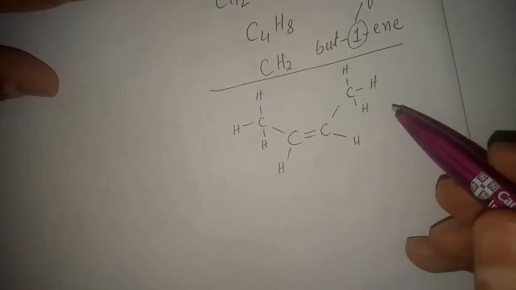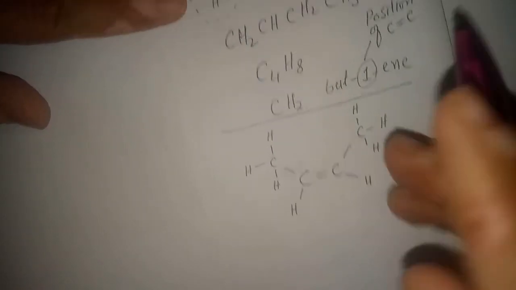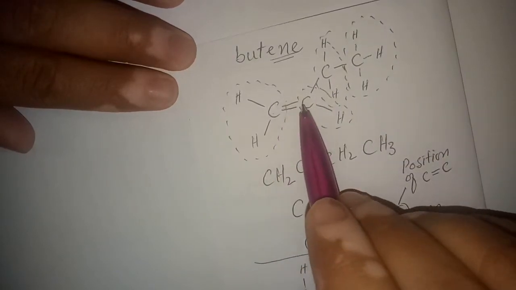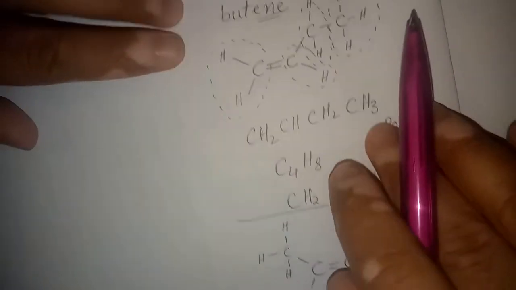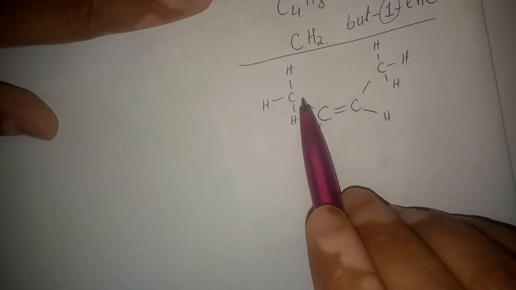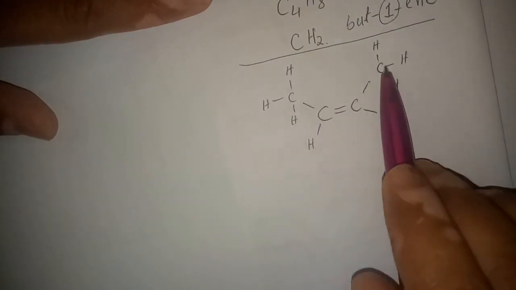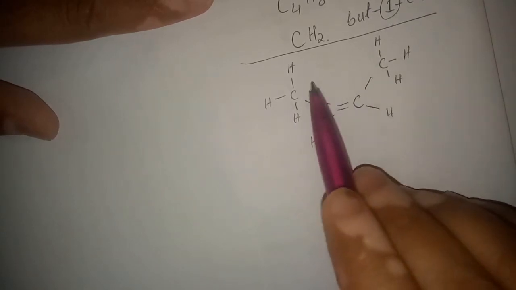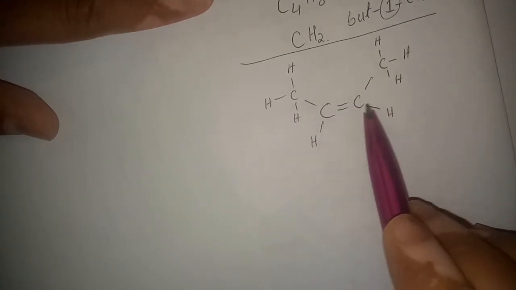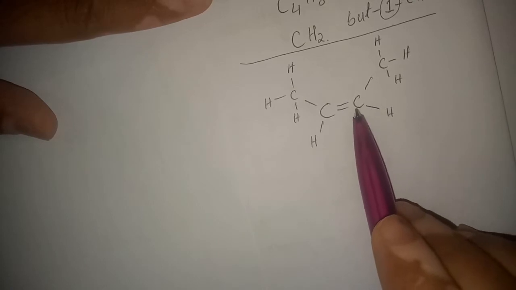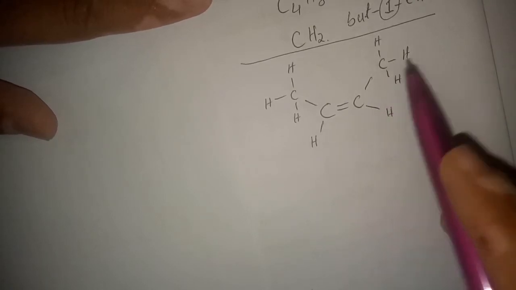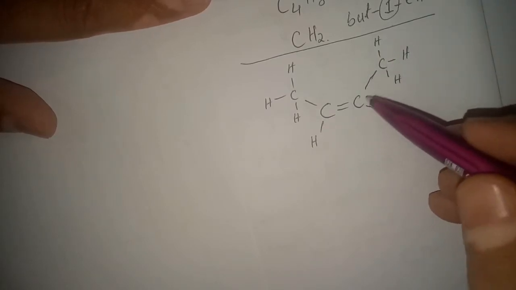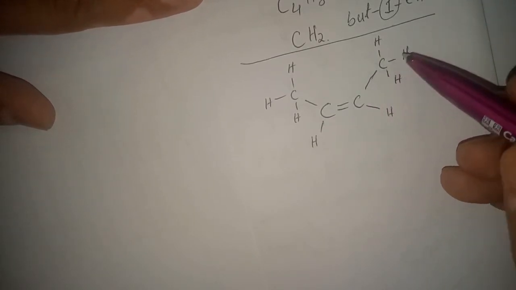But the difference between this structure and this one is only the position of the carbon to carbon double bond. You can see this structure contains 4 carbon atoms, but the only difference is the double bond is in the middle of the chain. So we must start numbering from either side, as the double bond is at equal distance from each side.